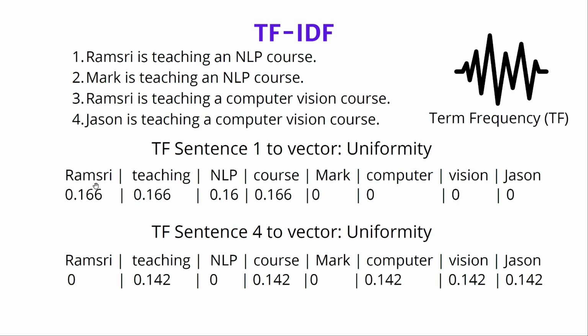Just like how we have here 1 by 6, it is 20 times the frequency of the word divided by the total number of words. 20 by 500 is the term frequency of Batman in the Batman movie plot.